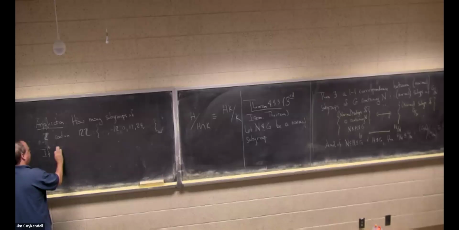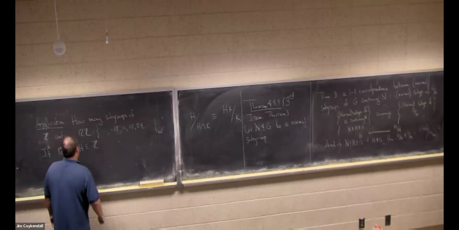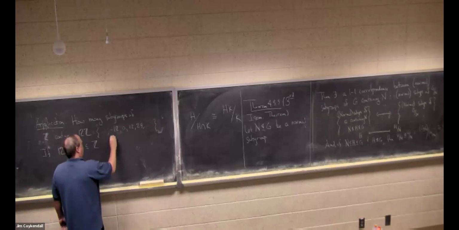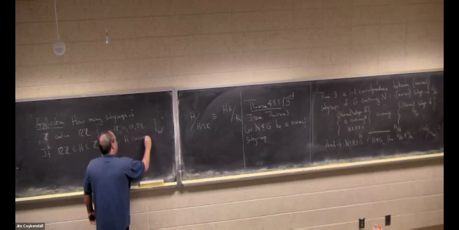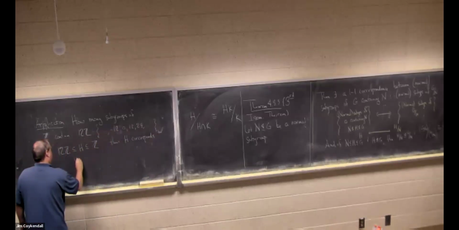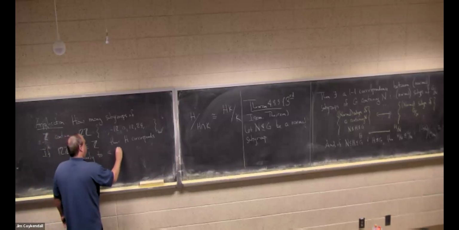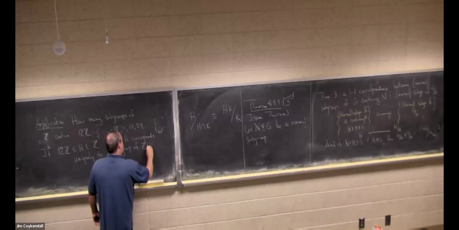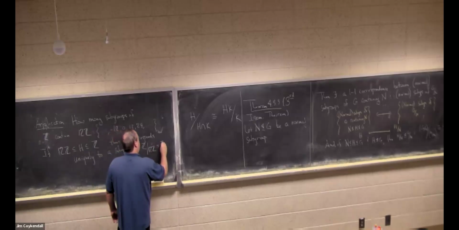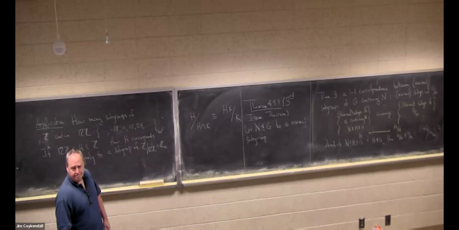So if we call the subgroup H, then H corresponds uniquely to a subgroup of Z mod 12Z, or what we call C12.